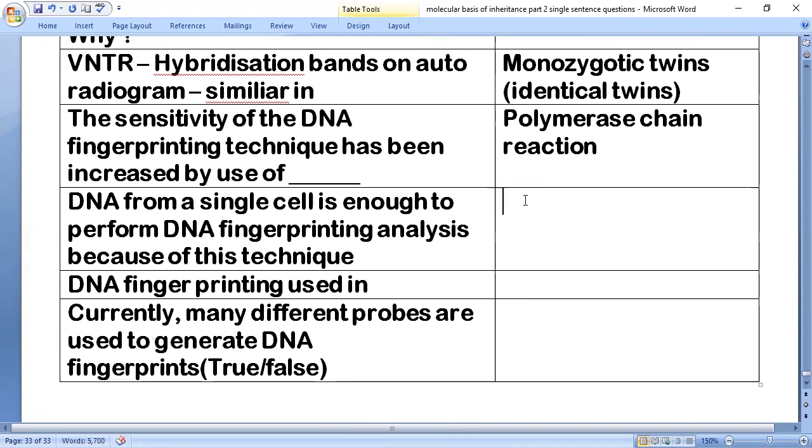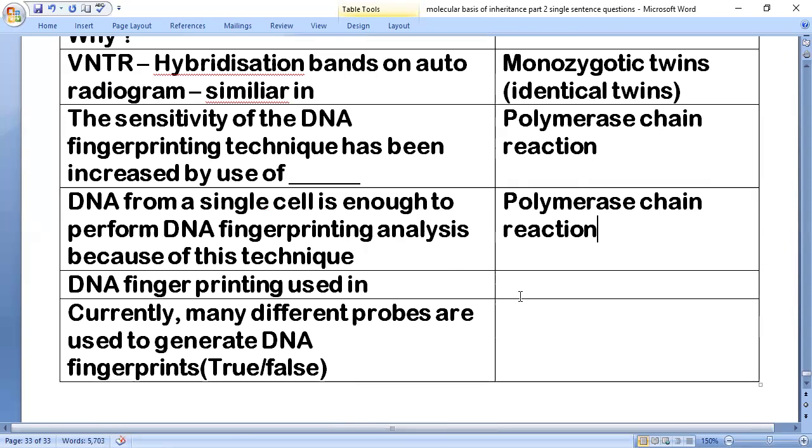DNA from a single cell is enough to perform DNA fingerprinting analysis because of this technique, polymerase chain reaction, with which we can make multiple copies of sample DNA, so as not to lose the sample.